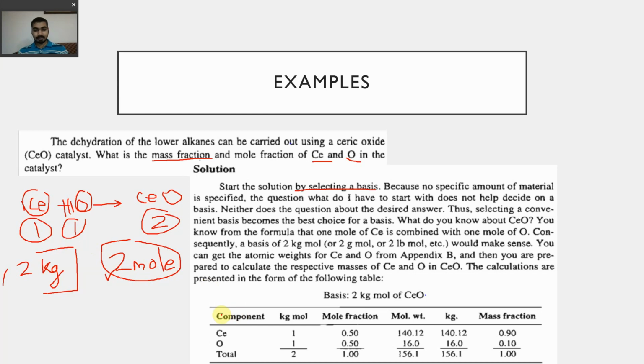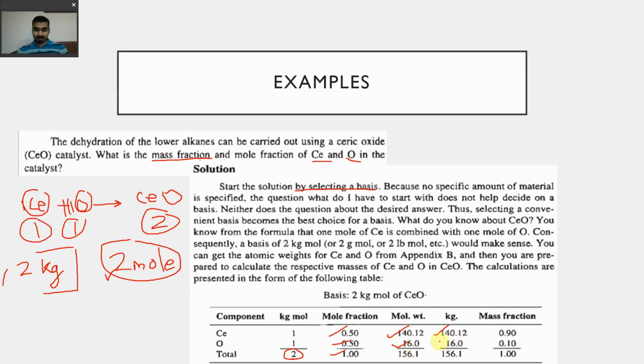Then you have to make a table, or if you are not making a table, you should clearly know how to write. So 1 mole gives 2 mole of cerium oxide. This is our first step. Mole fraction: this is 1 by 2 and oxygen is also 1 by 2. So 1 by 2 and 1 by 2, 0.5, 0.5. Total will be 1. Molecular weight you should be knowing of both of them.